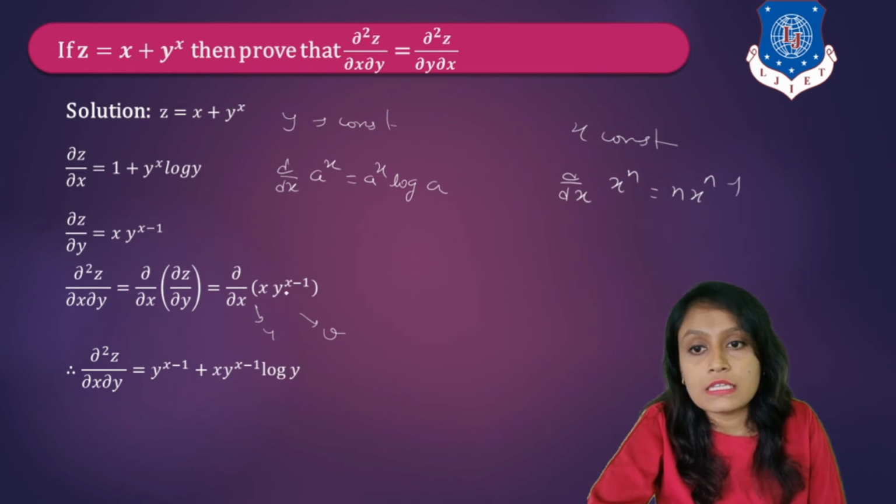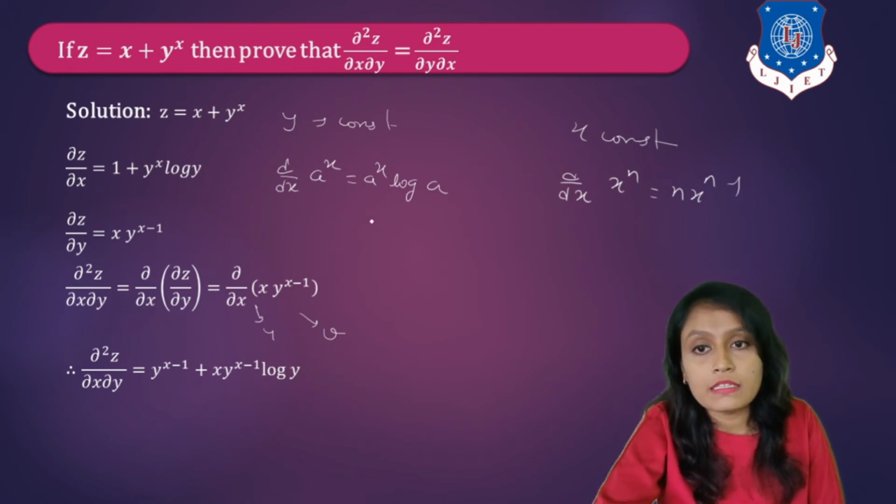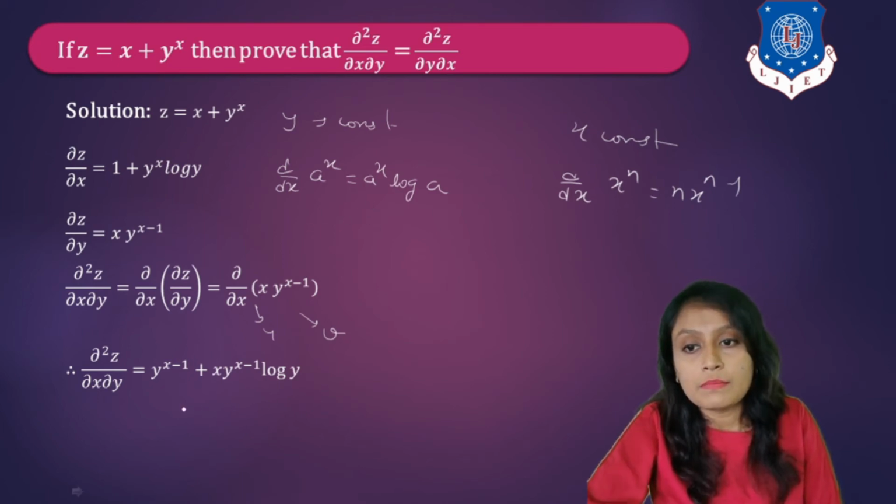Okay, so firstly this y raised to x minus 1 is kept as it is, the derivative of x, that is 1, plus x as it is, and the derivative of y raised to x minus 1 with respect to x. So it will become y raised to x minus 1 into log y. Okay, we have applied this formula. Now we will simplify this. So the final answer of del square z by del x del y is y raised to x minus 1 taken common. So it is y raised to x minus 1 into 1 plus x log y.